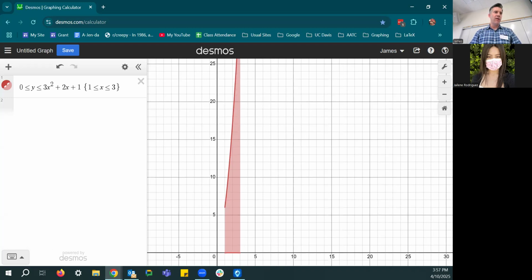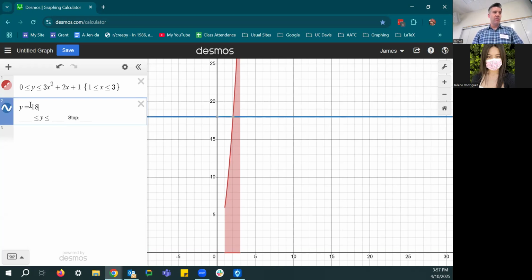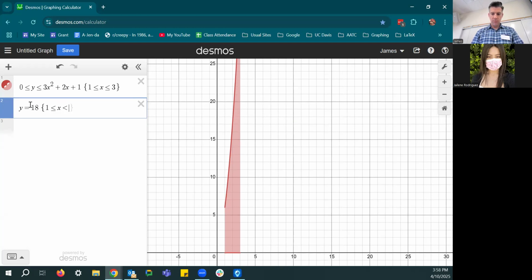Whereas the average value is going to be just y equal to 18 on the same interval. I forgot to do the less than part though.